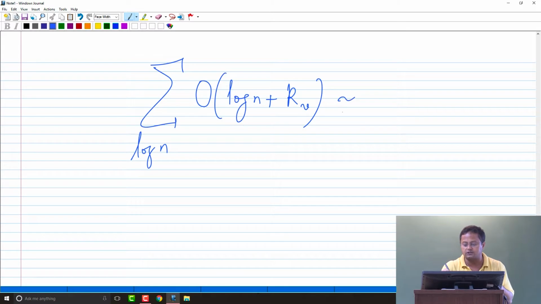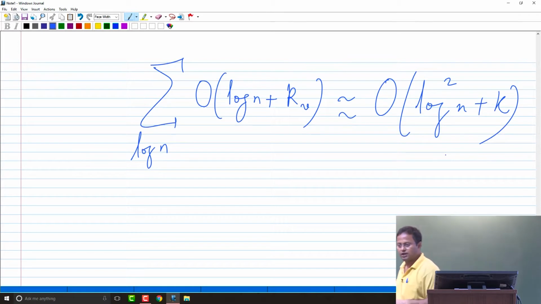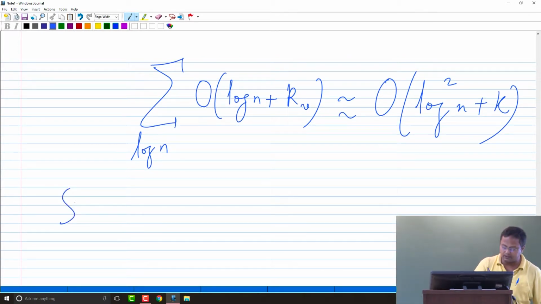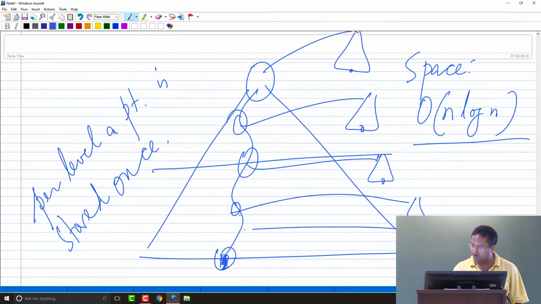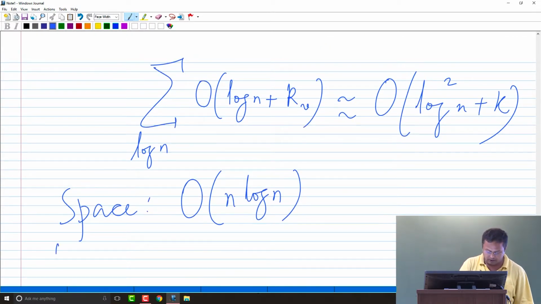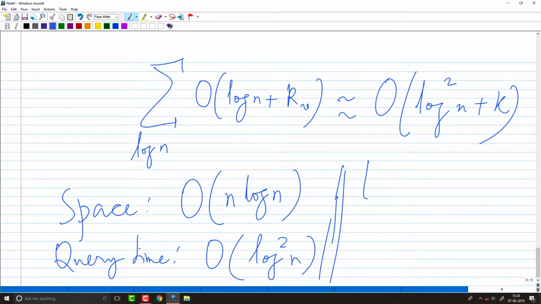So, this is done. Space is n log n, that is what we argued, yes, space is n log n and your query time is log squared n plus k.